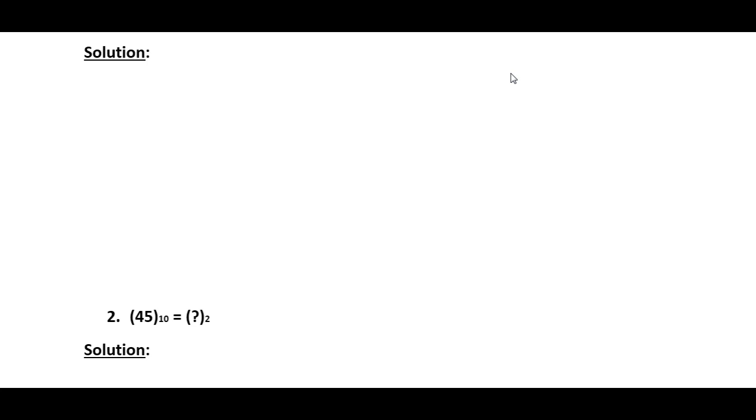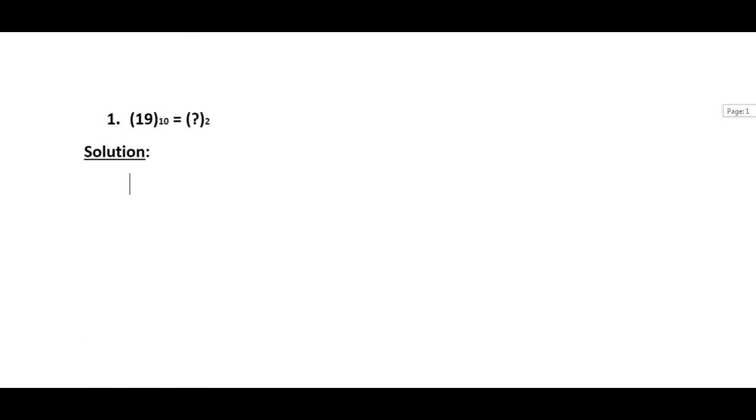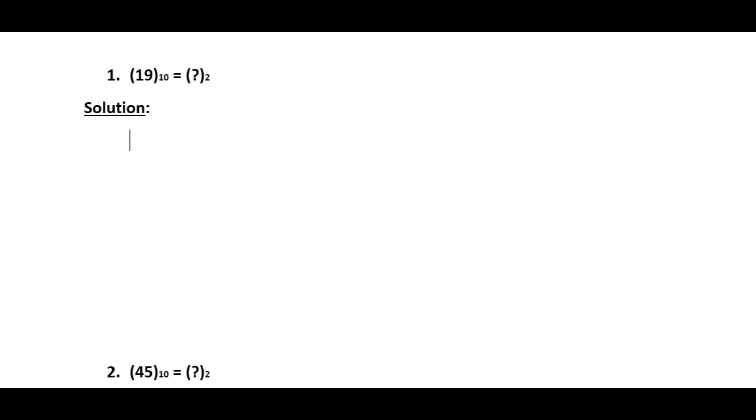Okay. So now we take an example of 19 base 10 converting into a binary number. This is example number 1. 19 base 10 is equal to question mark base 2. We need the solution. First of all, we take the LCM of 19 as working.